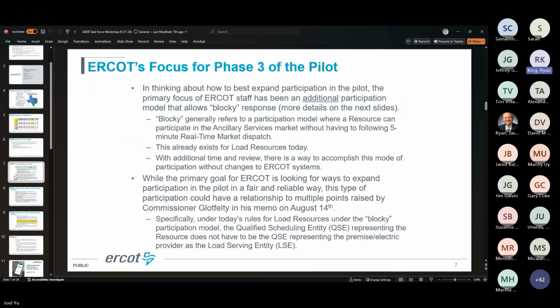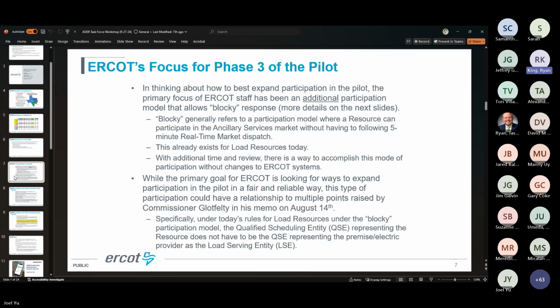This is really going to be the bulk of ERCOT's update here. At the same time that we're managing the day-to-day administration and development of the pilot, we also are turning our minds around what we could think about when it comes to phase 3 of this pilot.